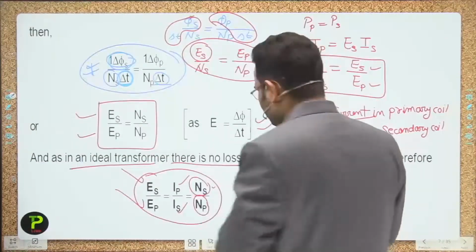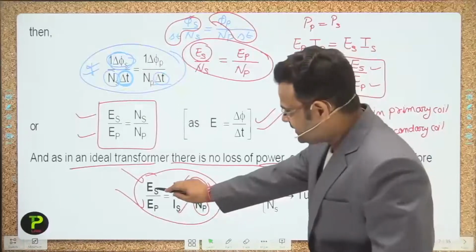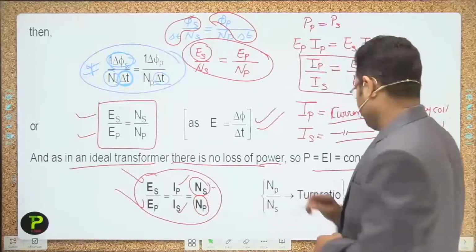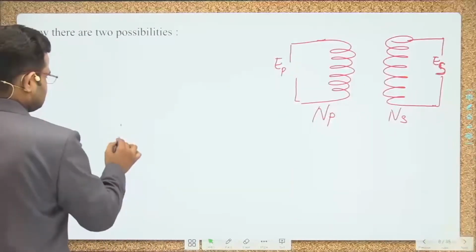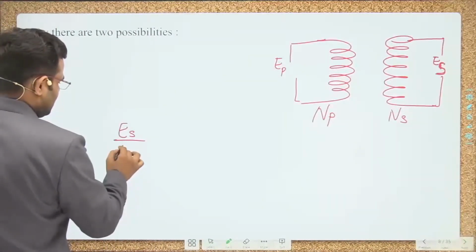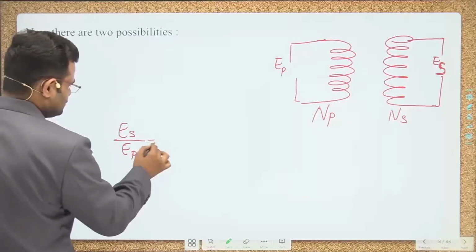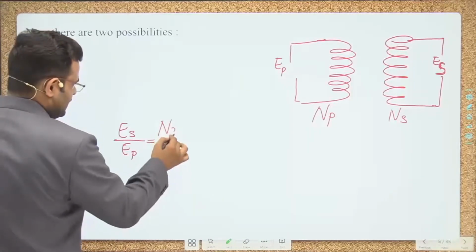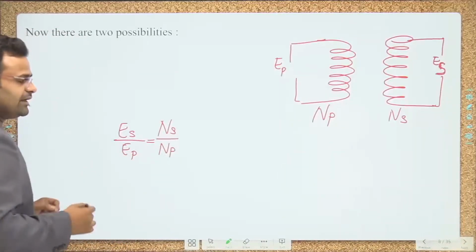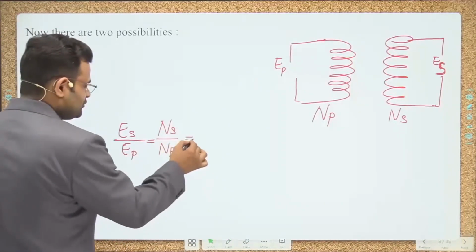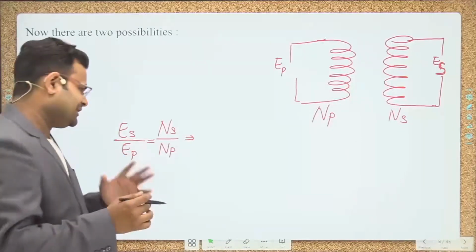Previously we learned the relation: ES upon EP is equal to NS upon NP.